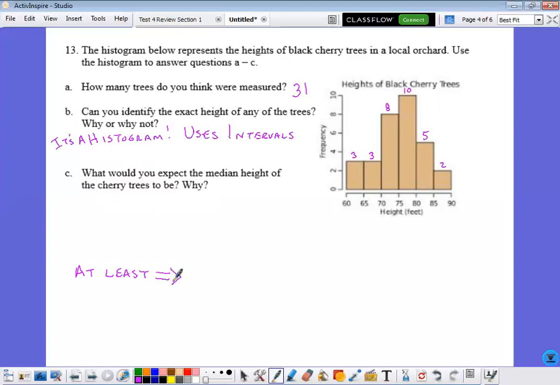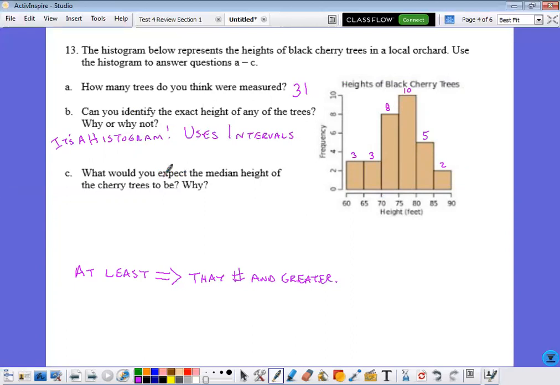All that means is whatever that number is and anything more. So that number and greater. So if I said at least 70, well, I want to know 70 and above. I want to know 70 and greater than that.